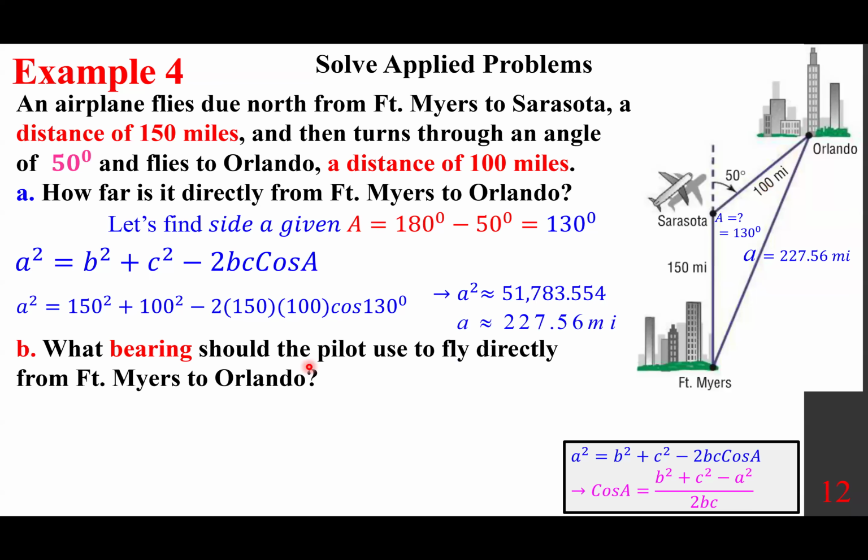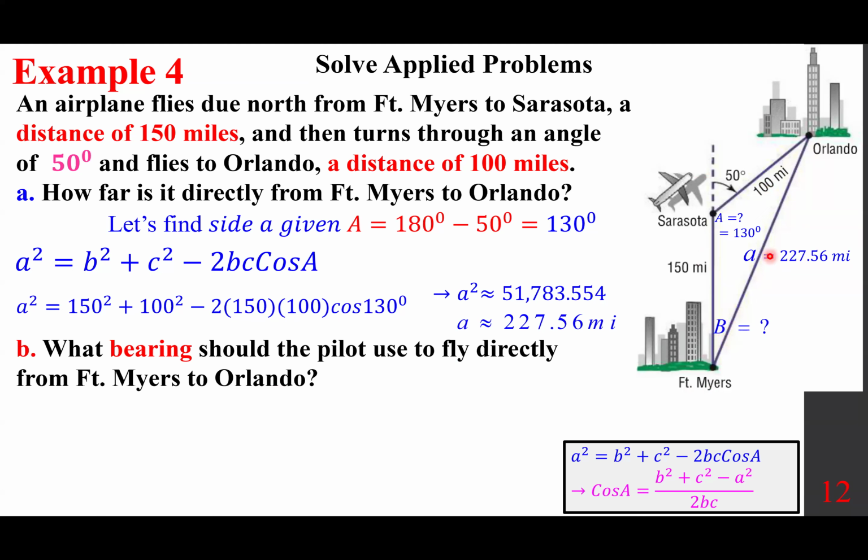What bearing should the pilot use to fly directly from Fort Myers to Orlando? Well, we need this angle. When we find it, we say north, this angle B, which we don't have yet, B degrees east, since the right side is east.